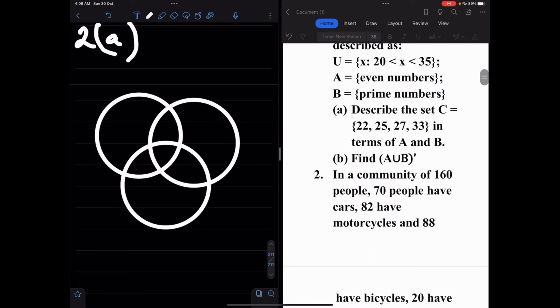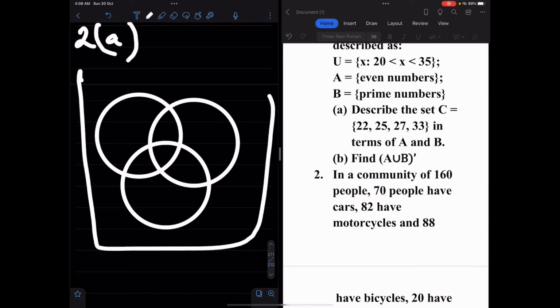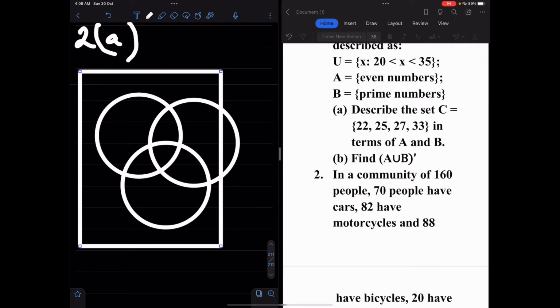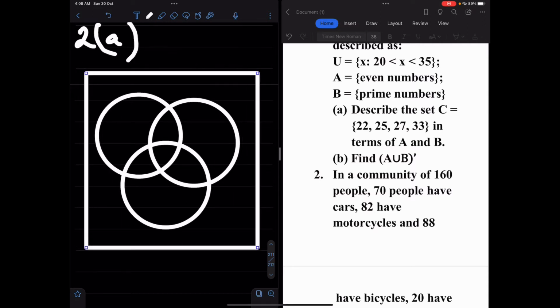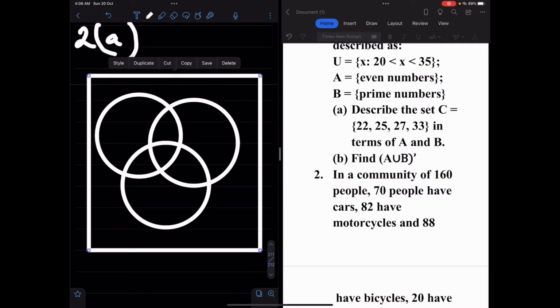In a community of 160, that means the universal set has 160 elements. So widen that a little. The number of elements in the universal set, which I'm going to write this way, is 160. That means the cardinality of the universal set is 160.